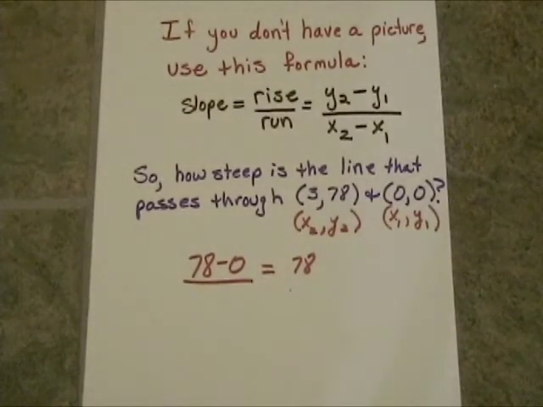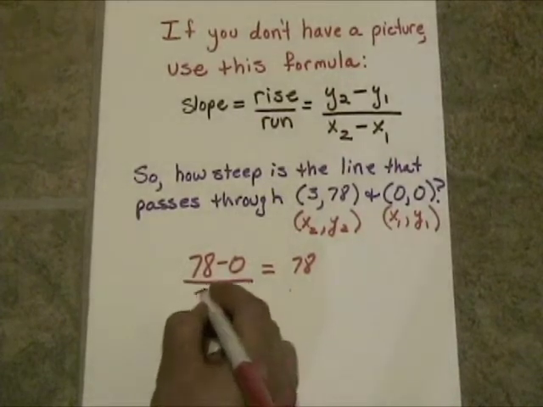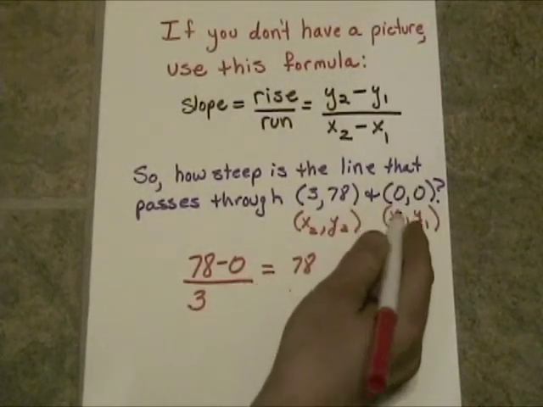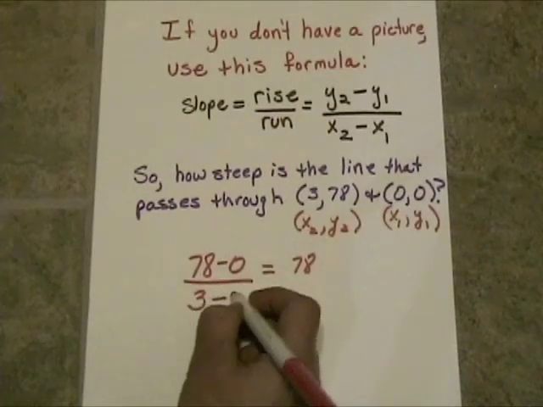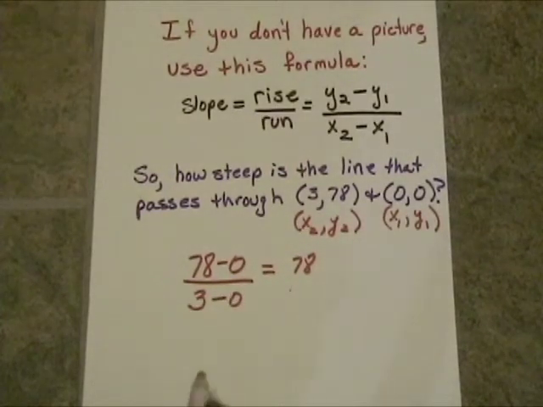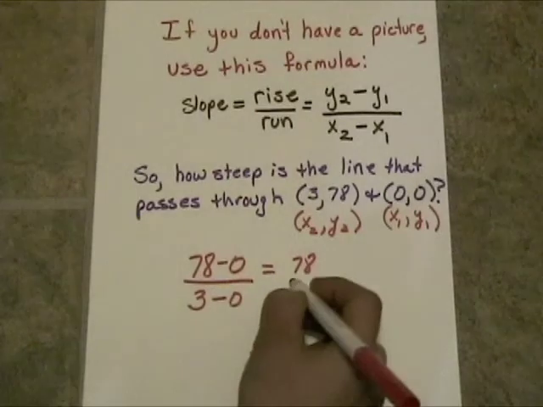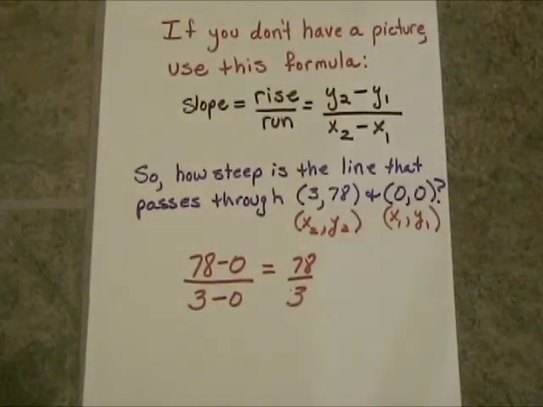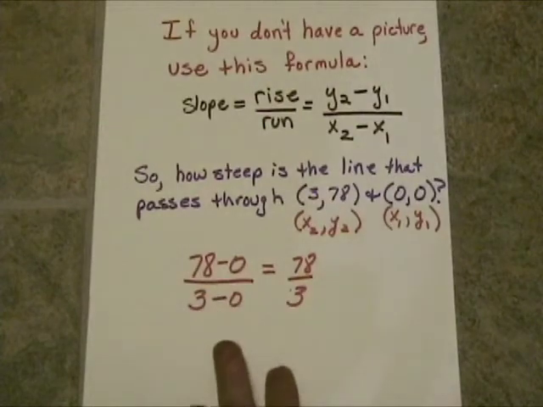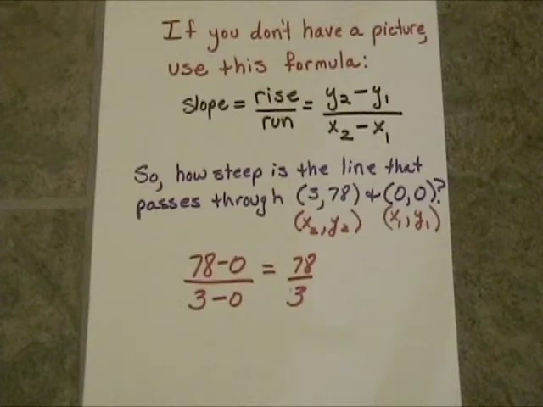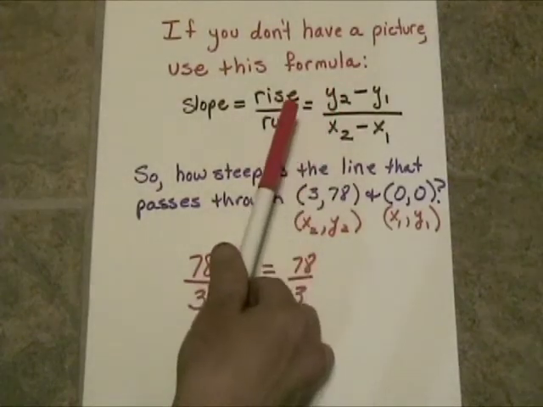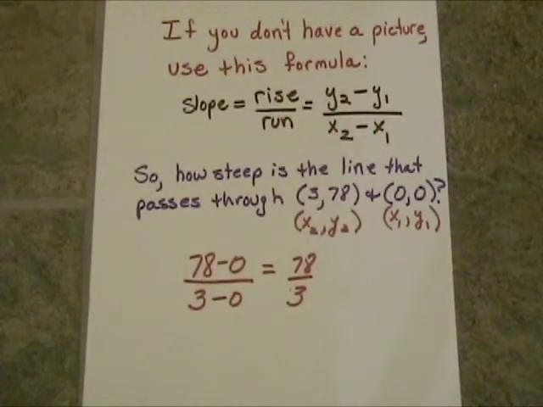Now the run: the x sub 2 is 3 and the x sub 1 is 0. So we're trying to find out how far it is from 0 to 3, and of course that is 3 units, positive 3 units. If we had them switched the other way around, it would be a negative 3 and we wouldn't get the correct result. That's why it's important that you plug in the y sub 2 first and the x sub 2 first.